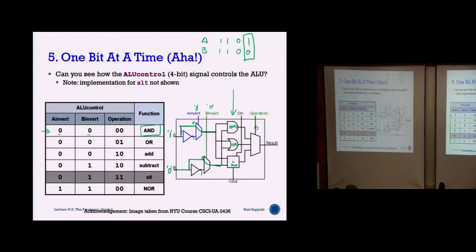That means at any point of time, I will have 3 outputs on standby for me. The 3 outputs are A and B, A or B, A plus B. So I have 3 outputs automatically generated for me and presented to the multiplexer here.